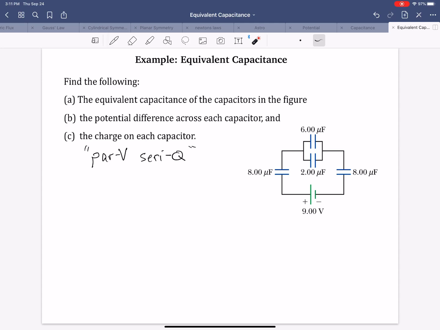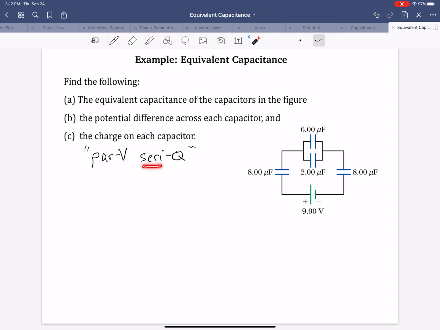If you can imagine the charge moving around the circuit, it hits that node, that fork in the road, and it has an option to go this way or this way, and then be deposited or built up on either of those plates. So between those two capacitors, the charge is shared, not necessarily equally in this case because the values are 6 and 2, but it's split up some amount. The voltage, however, is the same across them both.